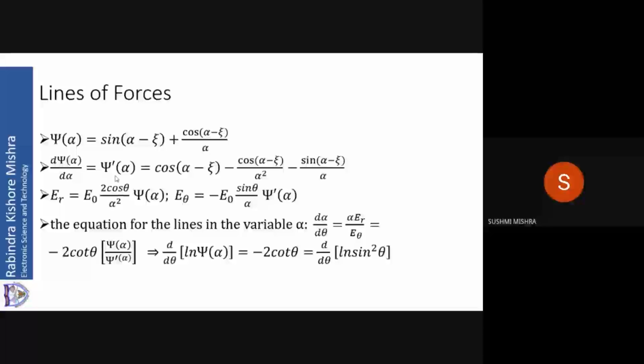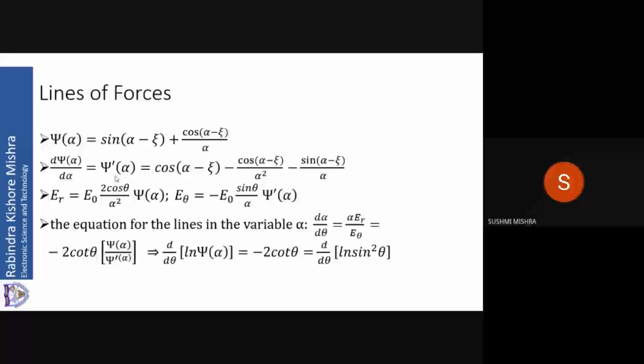Now the equations for the lines became variables of alpha. We used d alpha by d theta as alpha into Er upon E theta. From that, we found this expression: minus 2 cot theta psi alpha by psi dash alpha. Now if we look at that, d by d theta of log psi alpha is equal to minus 2 cot theta, which is equal to d by d theta of the logarithm of sine squared theta.